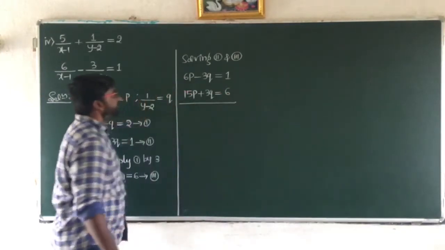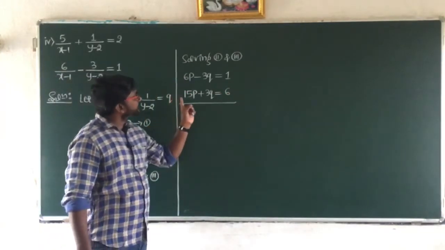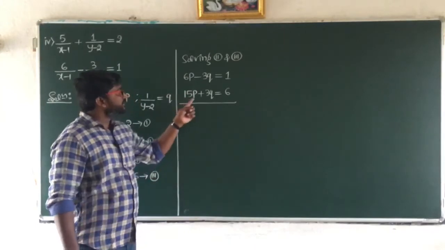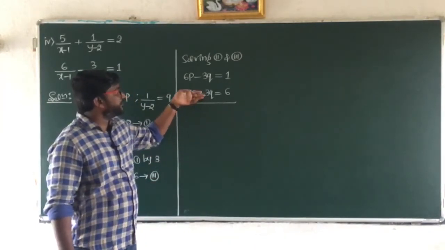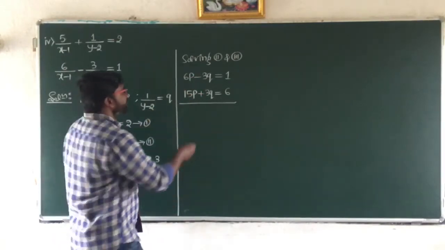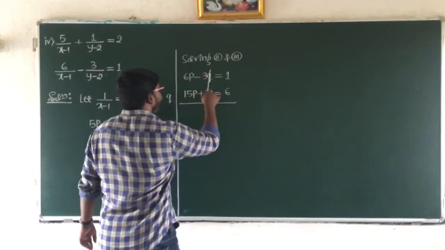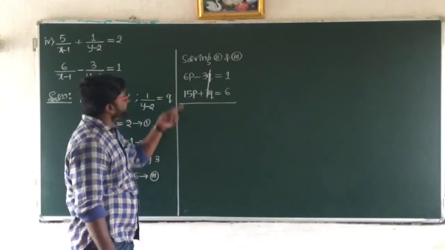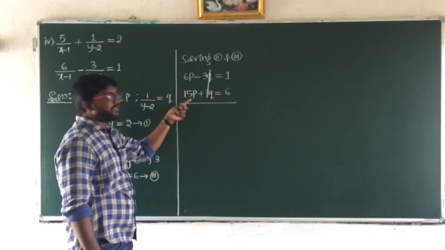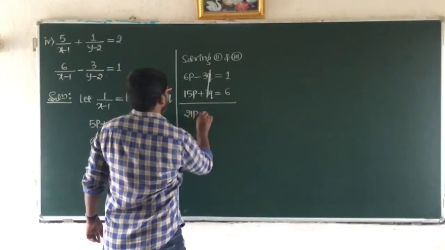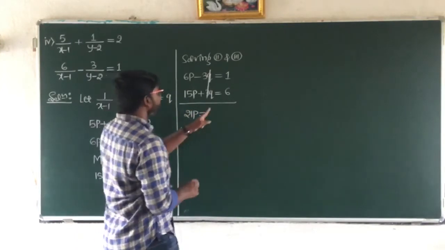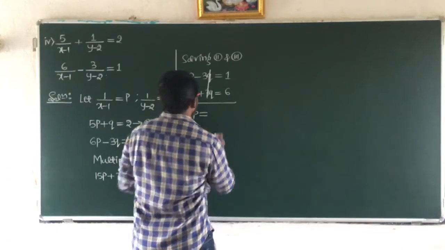So, let us go for the simplification. Don't change the signs here, because we already have minus 3q and plus 3q, we just have to add these two equations. If you add, minus 3q plus 3q gets cancelled, then 6p plus 15p will be 21p which is equal to 1 plus 6, which is 7.